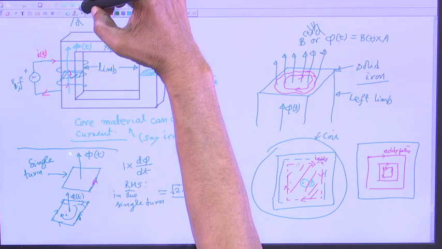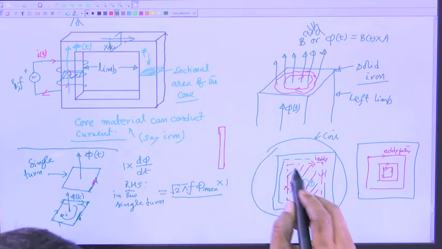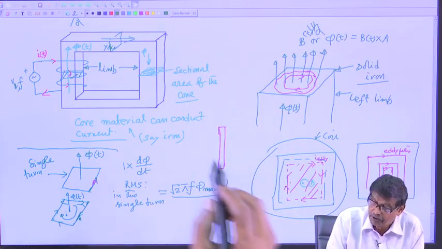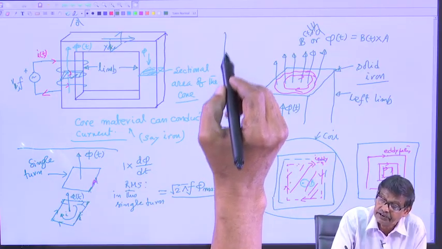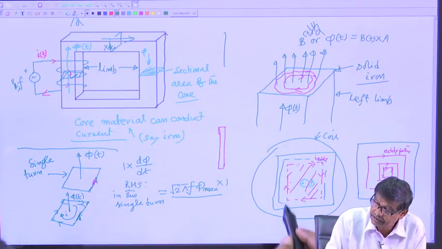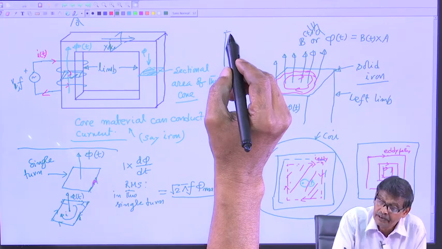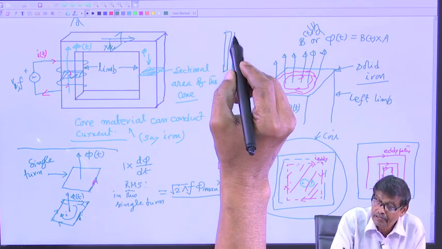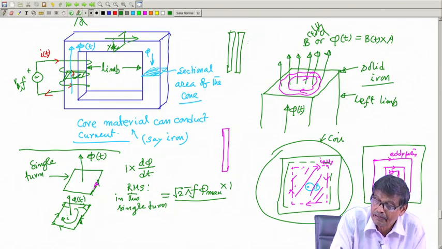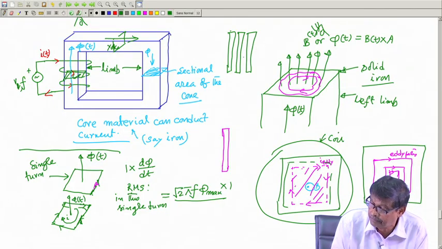So, by common sense, it looks like instead of using a solid block of iron, I will now do it on this page, so that you appreciate the point. Instead of using a solid piece of iron, if I use thinner plates like this, I am showing the gap larger, so that we understand the point.